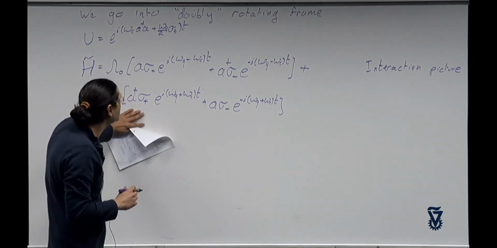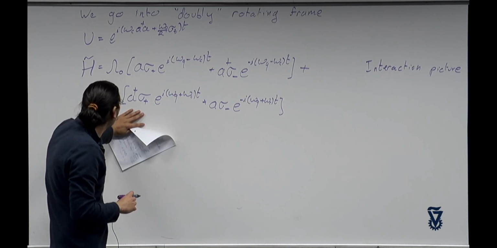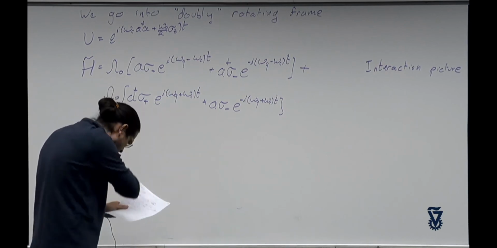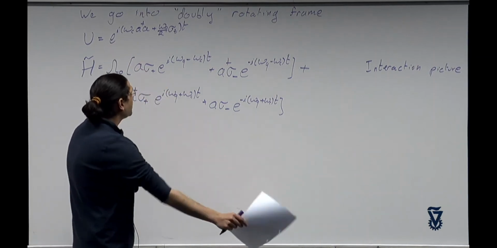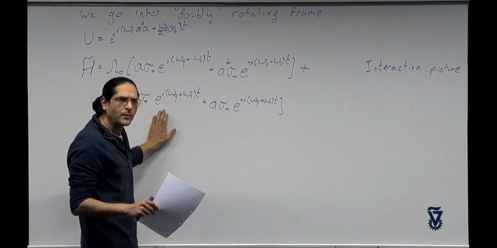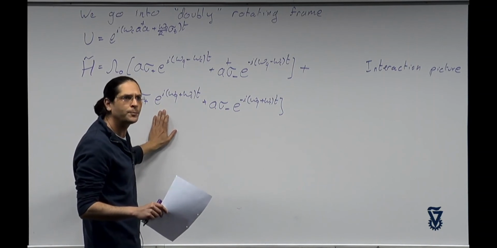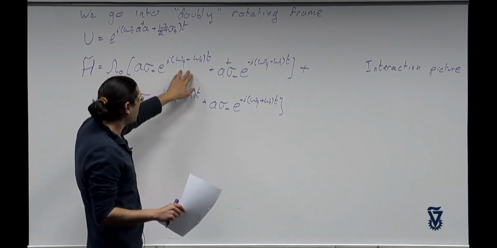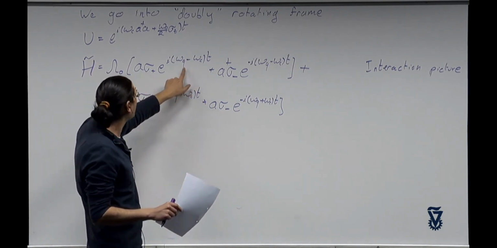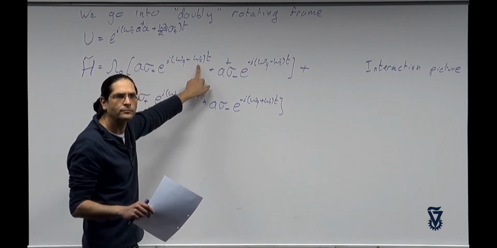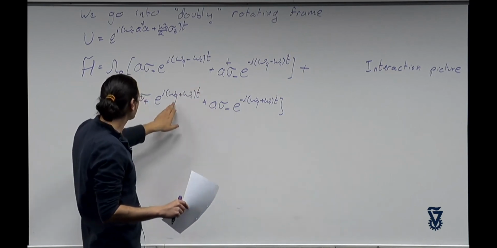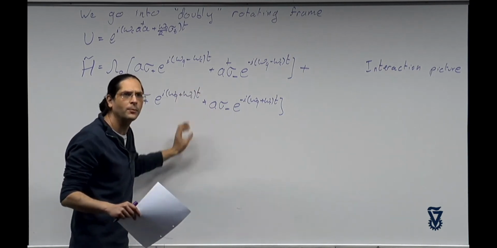So if we look at these four terms now, you can see that I've grouped them into two groups. One group is slow rotating. They're rotating at a frequency which is omega q minus omega c. And fast rotating, omega q plus omega c.